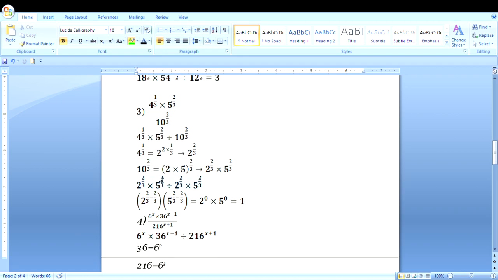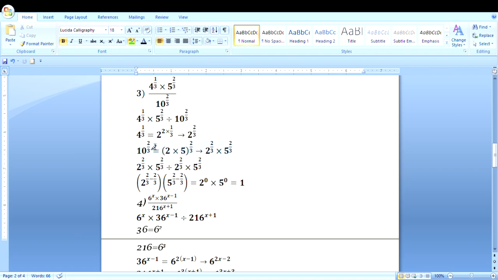For instance, 4 raised to power 1 over 3 becomes 2 squared, that is 4 is the same thing as 2 squared, times 1 over 3, and this becomes 2 raised to power 2 over 3. For 10 raised to power 2 over 3, 10 can also be expressed as 2 times 5, open bracket 2 times 5 close bracket, raised to power 2 over 3. This becomes 2 raised to power 2 over 3 times 5 raised to power 2 over 3.